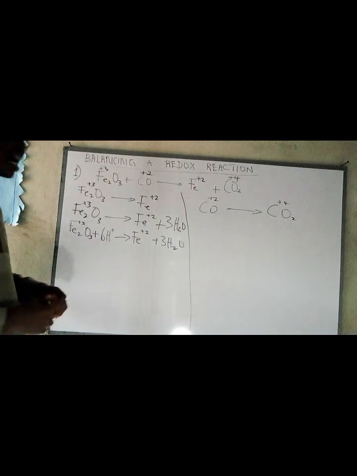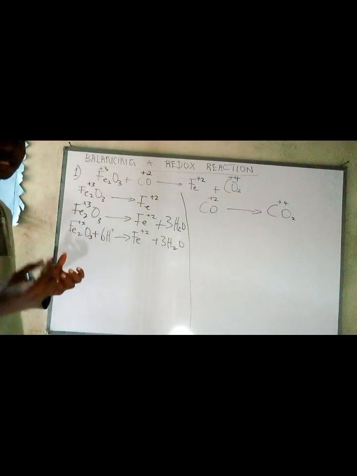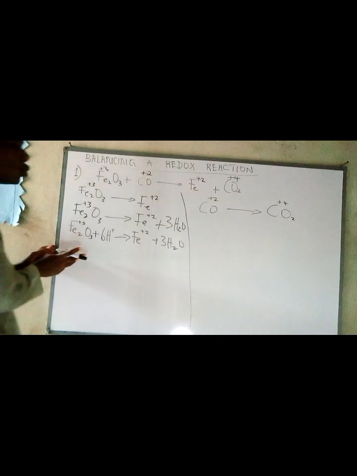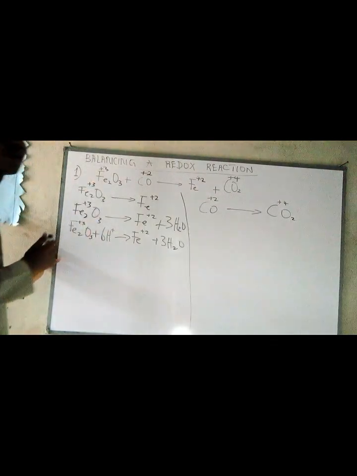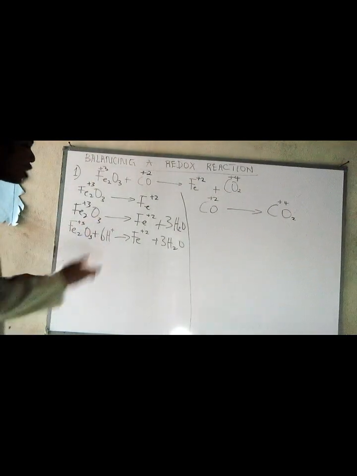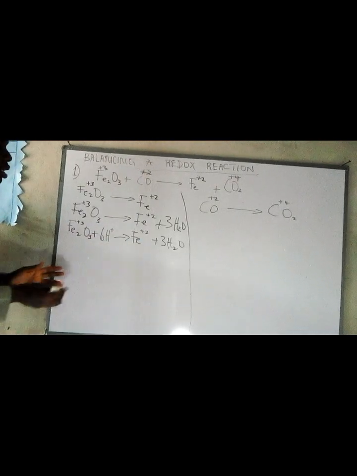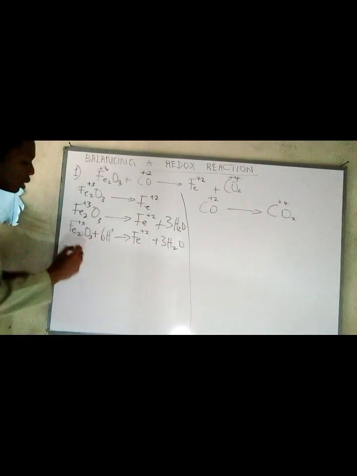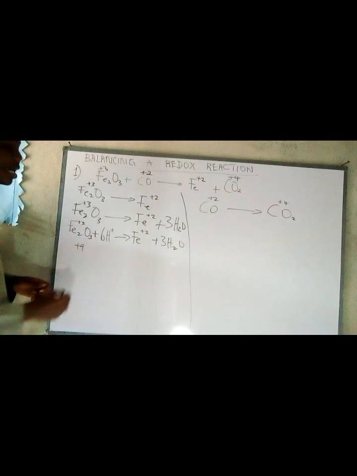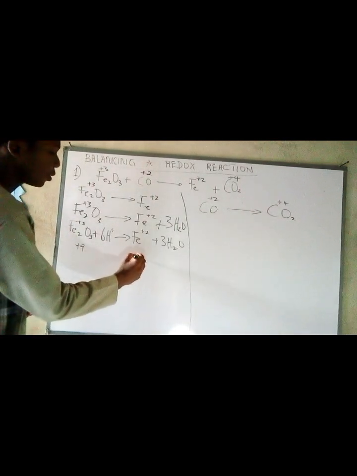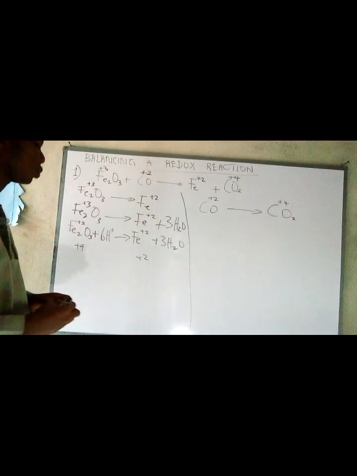We have to put an electron charge to this side to reduce the oxidation number. So how many electrons do we need to make this side balance with this side? If we have 9 oxidation number here, and we have 2 oxidation number here, what do we do?